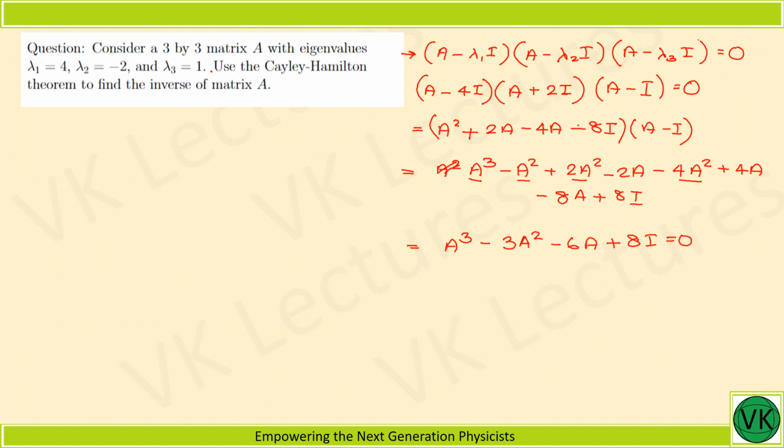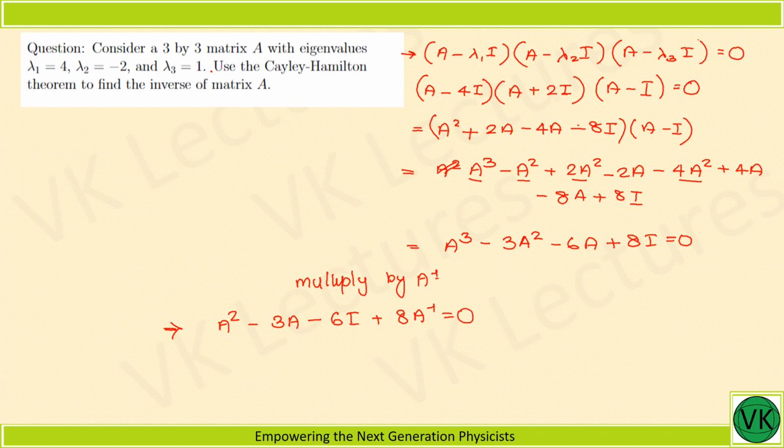Now what we need to do is multiply by A inverse, and what we get is A squared minus 3A minus 6I plus 8A inverse equal to 0.